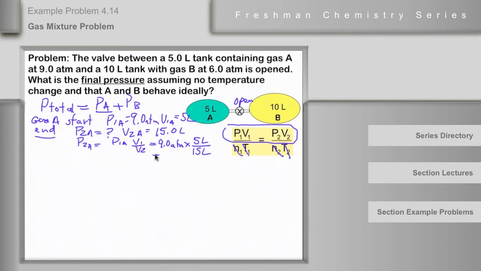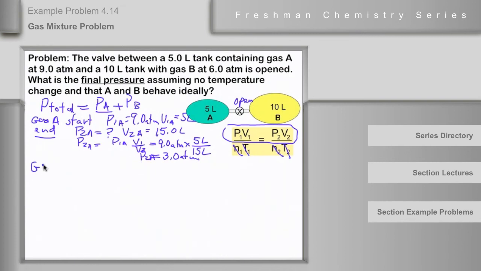And if we solve that, we get 3 atmospheres. And so P2 of A, which is the partial pressure of A once the valve is open, is 3 atmospheres. Is everybody comfortable with how we got that part? Any questions about it? Well and good, because it's all downhill from here.